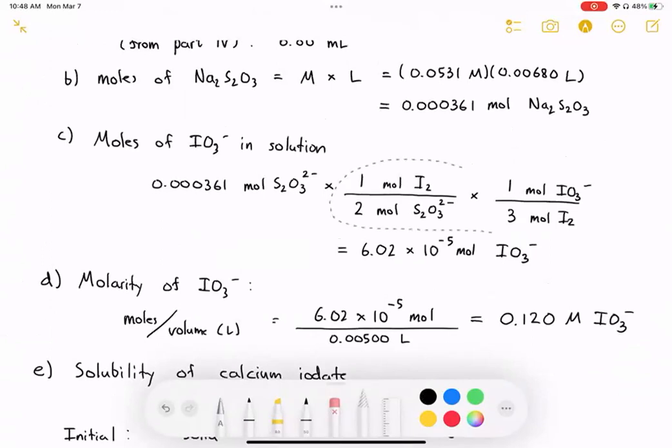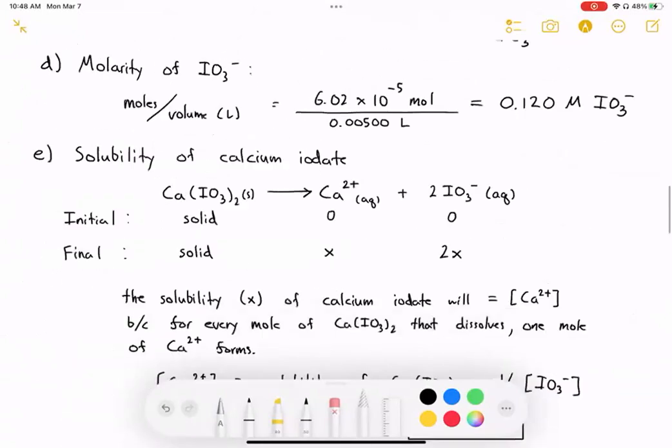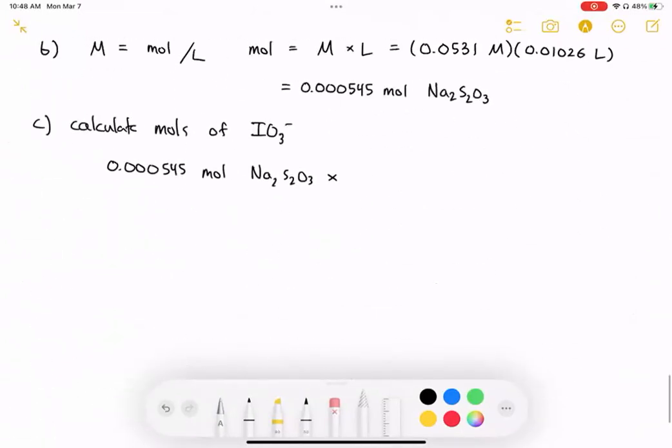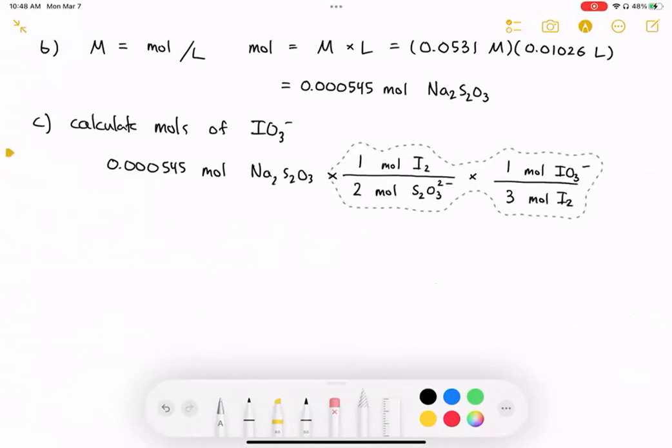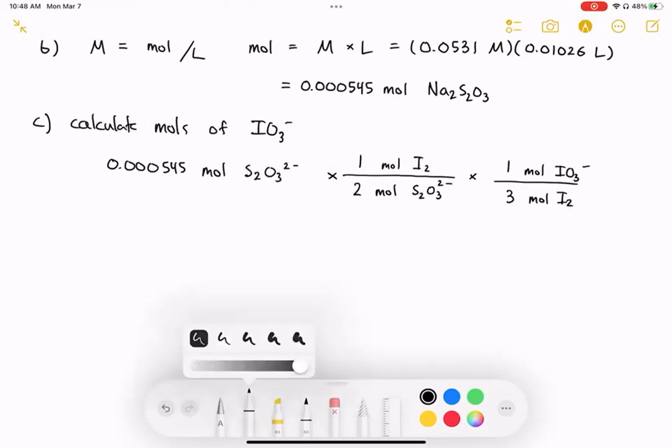Right here, 1 to 2. So we're going to copy and paste it here. Okay. So in this case, moles of thiosulfate. Let's just make this thiosulfate, S2O3 2 minus, just so it's easier. So those will cancel out. Moles of iodine will cancel out.